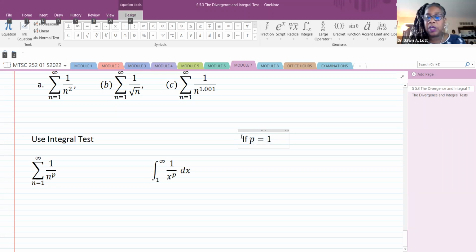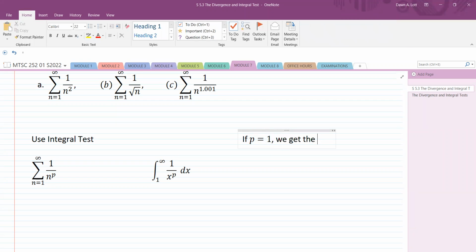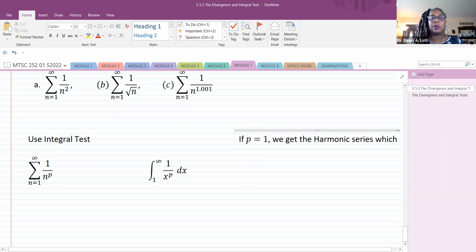Well, we could, but if p is equal to 1, we get a special series. What series do we get when p is equal to 1? We get the sum of 1 over n. What series is that? Yes, the harmonic series, which diverges.